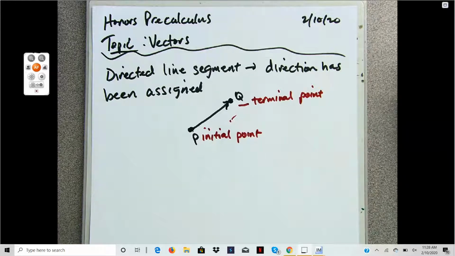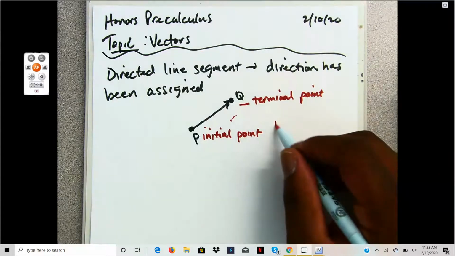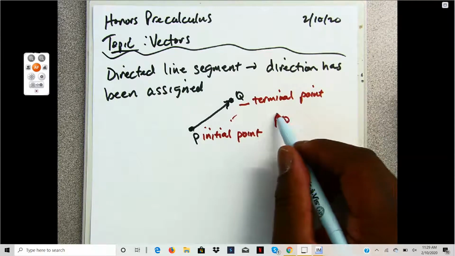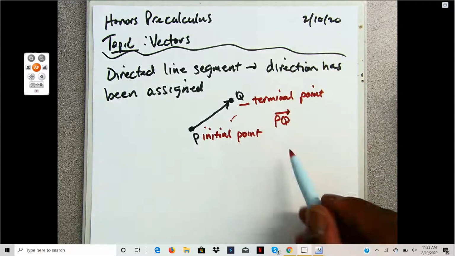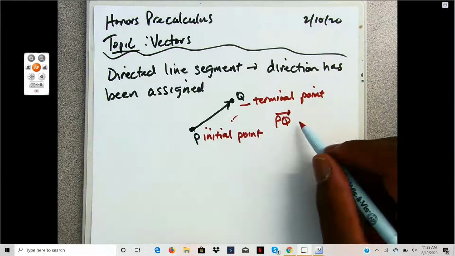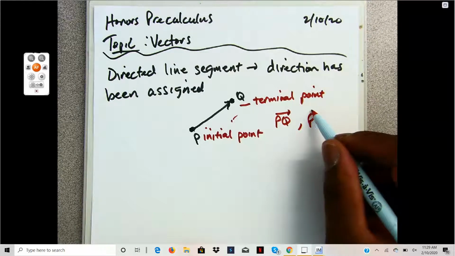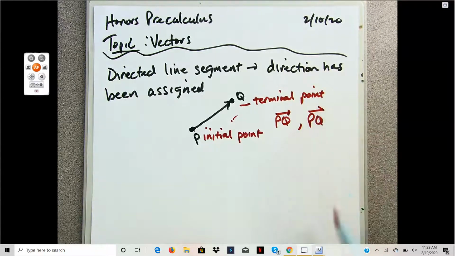Now, this is different than the line segment Q to P. The way we would write P to Q, we would write P first, then Q, and then a little arrow above it for vector. Some books you'll see it as PQ with the little single arrow there.